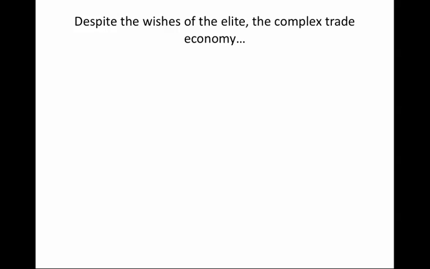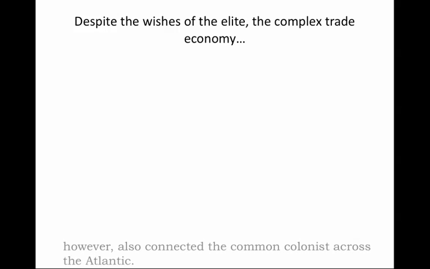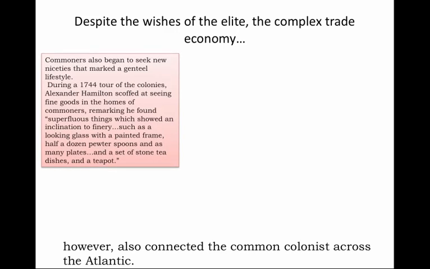Despite the wishes of the elite, the complex trade economy, however, was also connected by the common colonist across the Atlantic. That is, it wasn't only the wealthy, but it was commoners too who became part of this web of connections across the Atlantic Ocean.